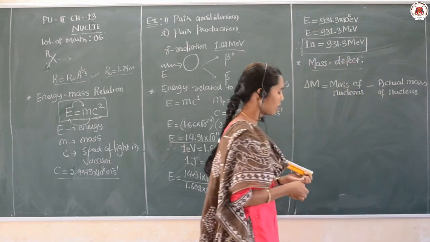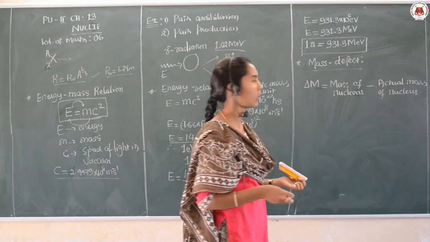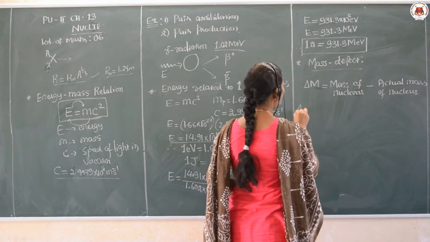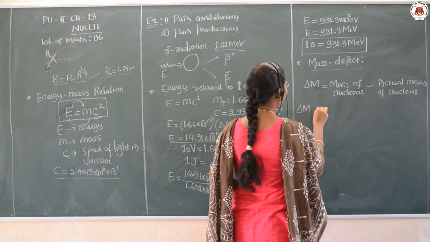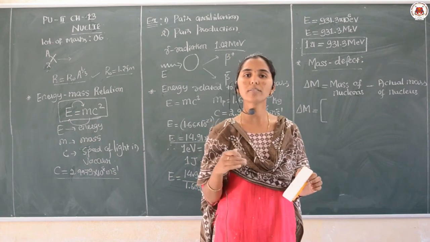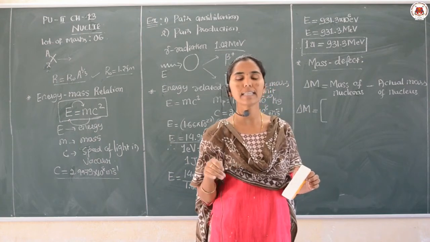Okay. Then in the previous class we also learnt the mass of the nucleons. How to represent that? Nucleons means the protons and the neutrons together inside the nucleus.